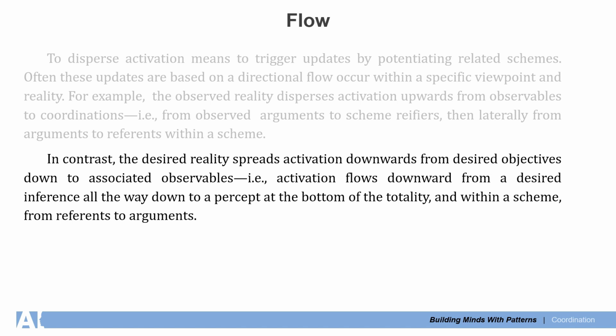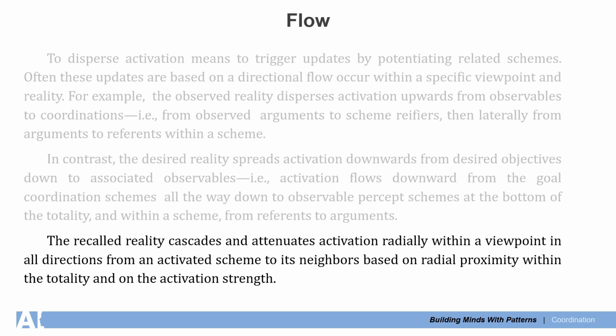That is, activation flows downward from a desired inference all the way down to a percept at the bottom of the totality, and within a scheme from reference to arguments. The recalled reality cascades and attenuates activation radially within a viewpoint in all directions from an activated scheme to its neighbors based on radial proximity within the totality and on the activation strength.